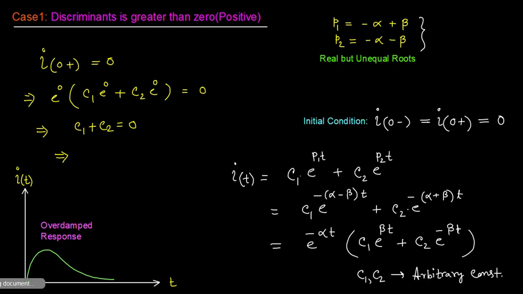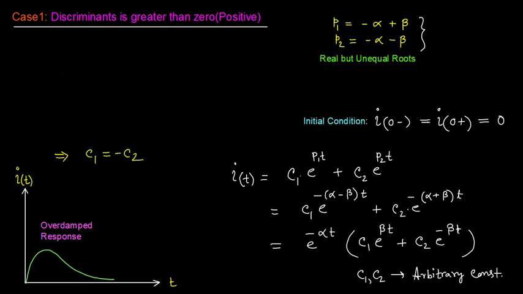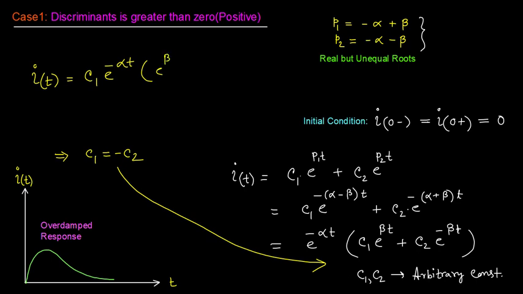From that we get C1 equal to minus C2. So, let us put the condition C1 equal to minus C2 here. We will get the solution of current i(t) equal to, let us take common C1, e to the power beta t minus e to the power minus beta t.